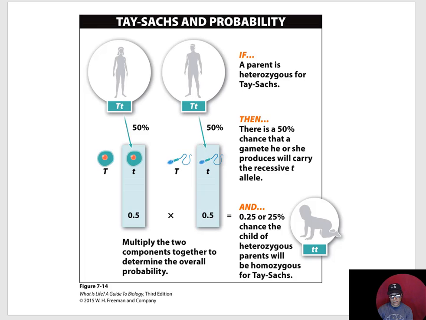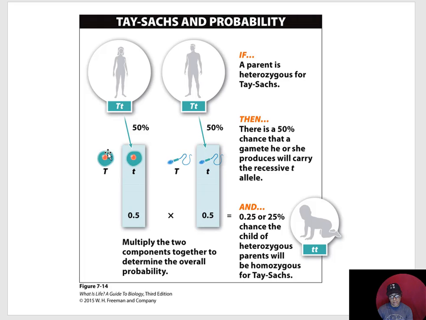Okay, so let's take a look at something like Tay-Sachs, which is a disease that can happen in humans. And here now we have each parent being heterozygous, meaning it has one of each copy of the gene. Each parent is heterozygous for Tay-Sachs. And now we know that there's a 50% chance that a gamete that he or she will carry will have the recessive allele, right?